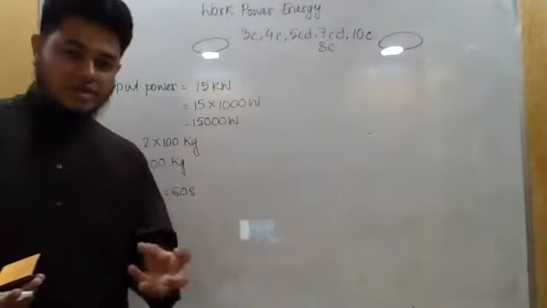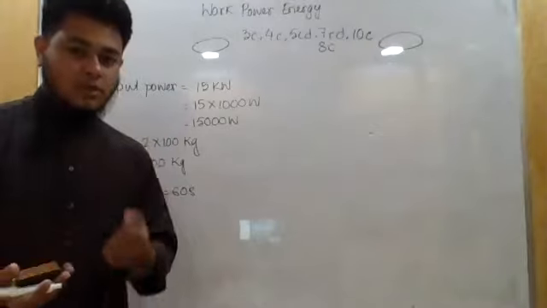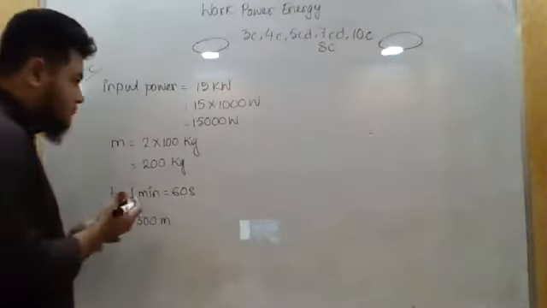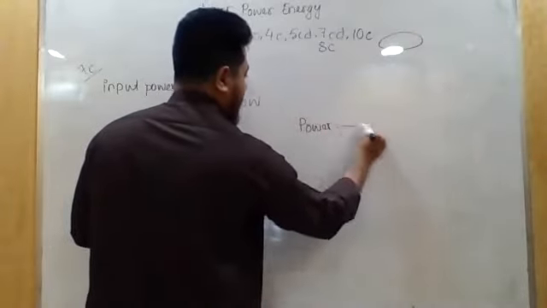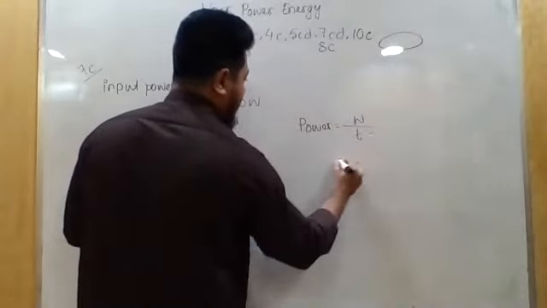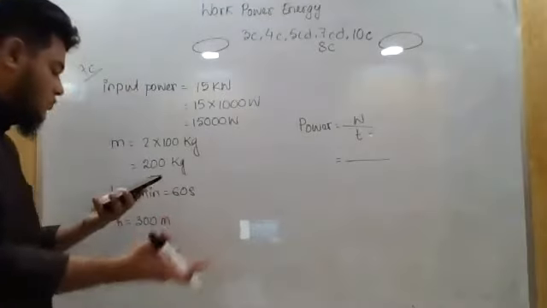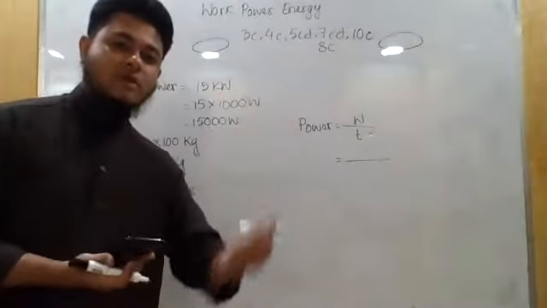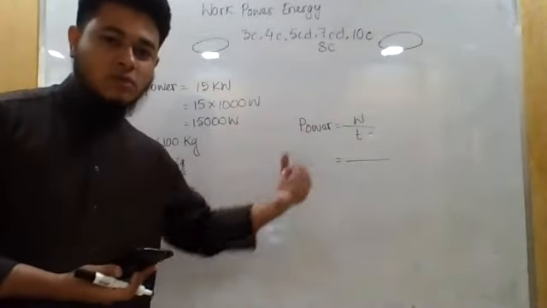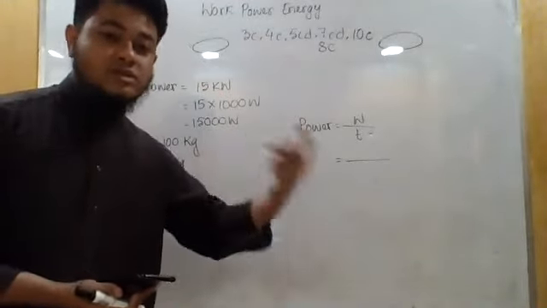Effective power means the output power. Okay, how can you find it out? Power. The equation to calculate power is work divided by time. So here, what work am I doing? I am lifting something. So whenever I am lifting something, I need to calculate the work done by potential energy, right?